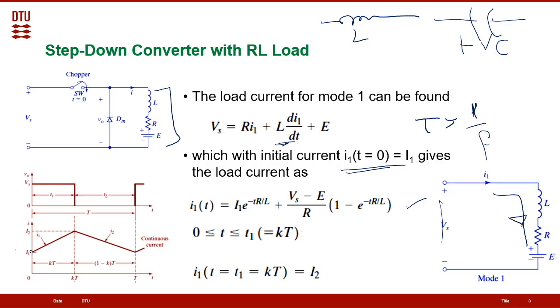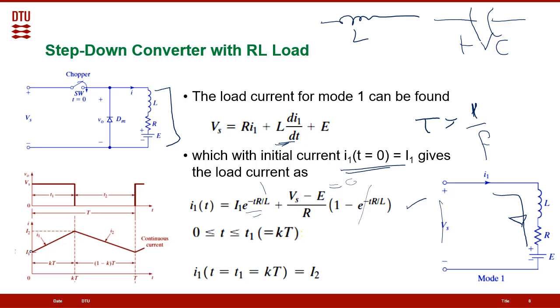We can say that the initial current is I1 and the final current is I2, and then we can prove from this equation that if t is 0, this part will equal 1, then all this part will equal 0, and this part will equal 1, then yes, I1 of t will equal I1.